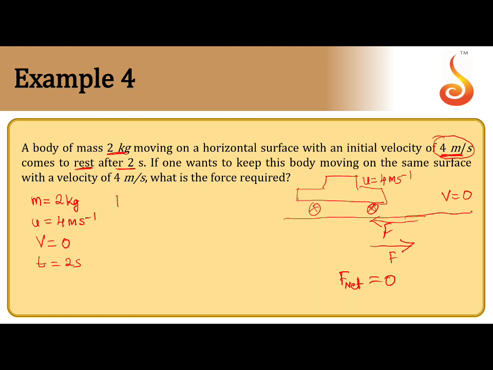So the formula for force F equal to m into (V minus U) divided by T. This will be 2 into final velocity is 0, initial is 4, time taken to come to rest is 2. 2 and 2 will get cancelled, you get minus 4 Newton. This is the retarding force given by the floor to the car.